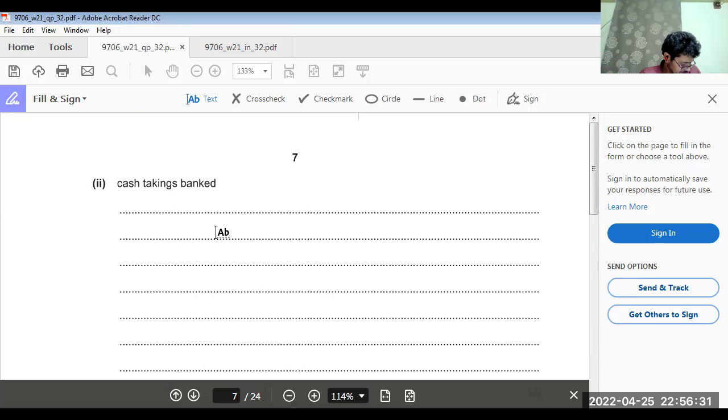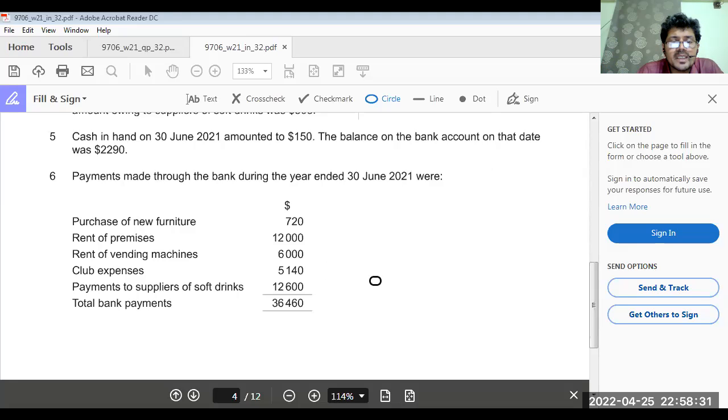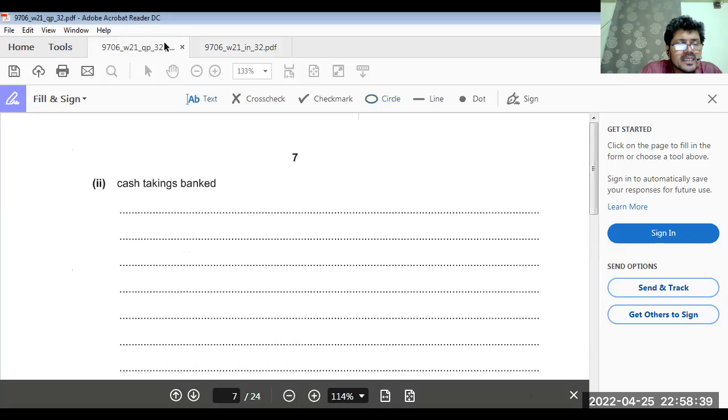Cash takings banked. Okay. Now, for calculating the missing figure of bank, that is, we were asked cash takings banked.